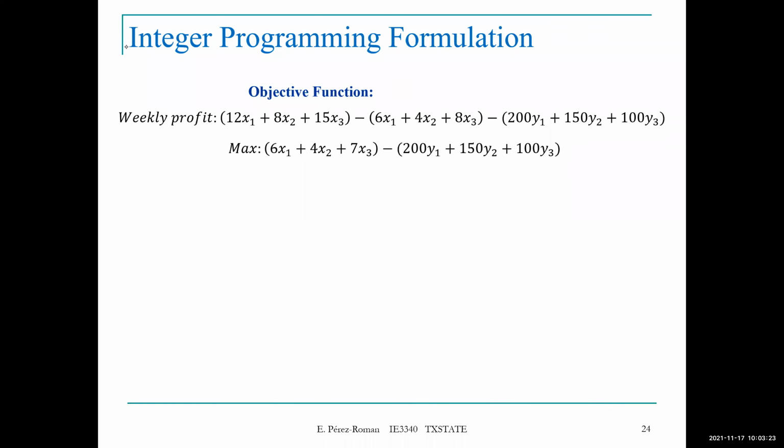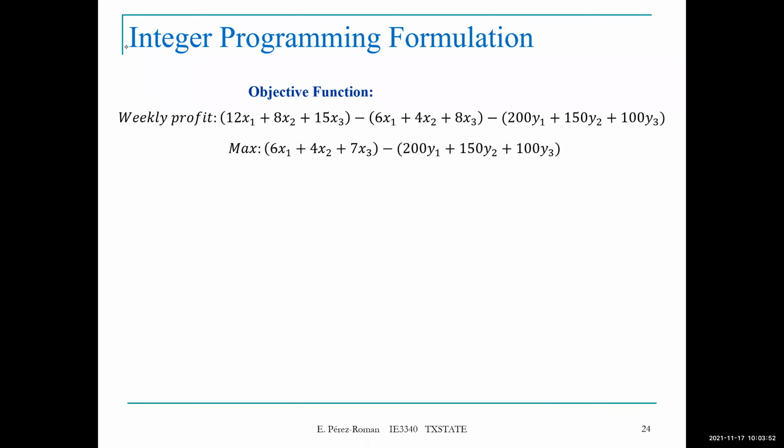So if you sell it for $12, but it costs you $6 to produce, then your profit is $6 for the first one. If it costs you $4, it's already deducted. Yes, so you spend $4, it's $4 profit. 15, you spend 8, it's $7 profit.